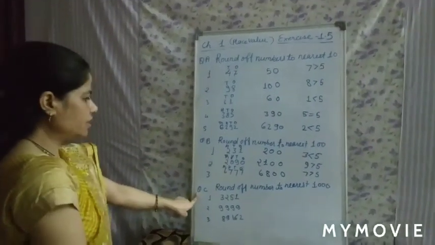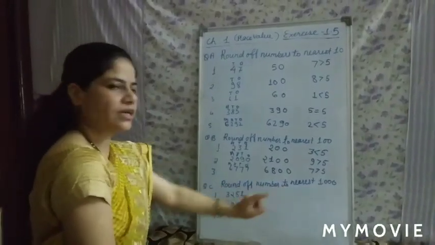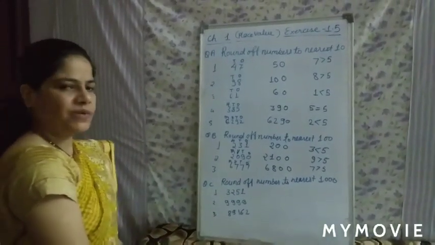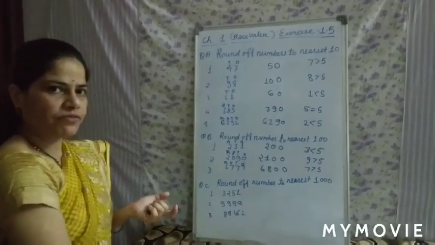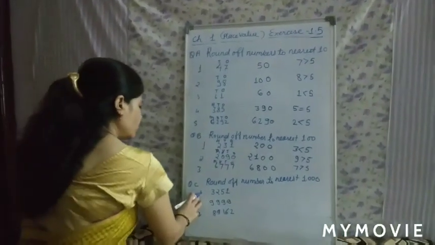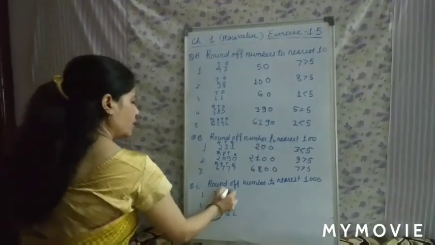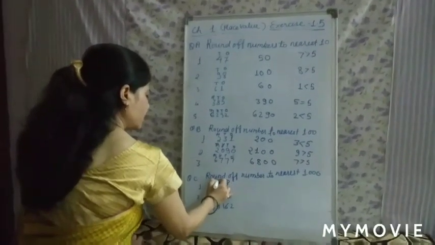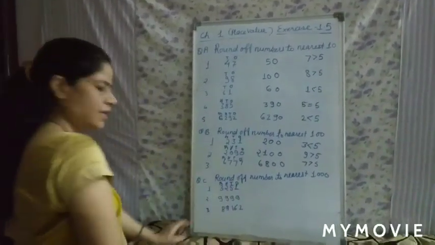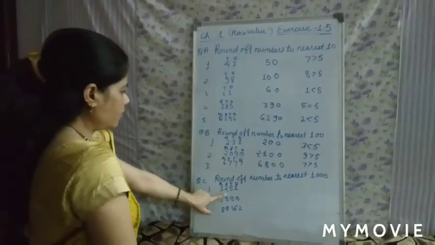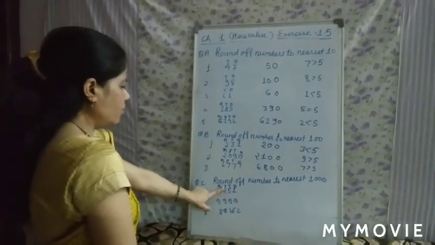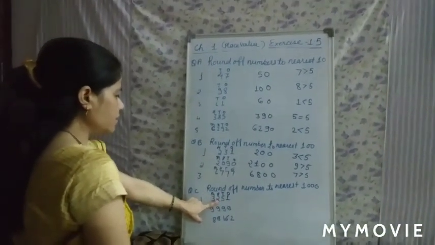Okay. Now question number C is rounding off the number to the nearest 1000. To round off the number to the nearest 1000, you have to see the digit of the 100 place. Now the first question is 3251. First put the places. Now in this number, in the 100 place, here is the digit 2.